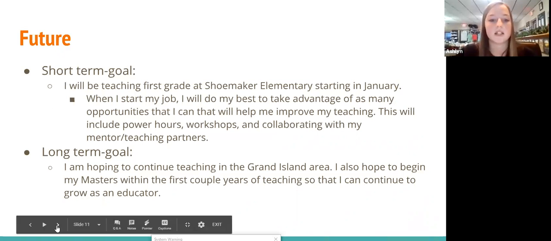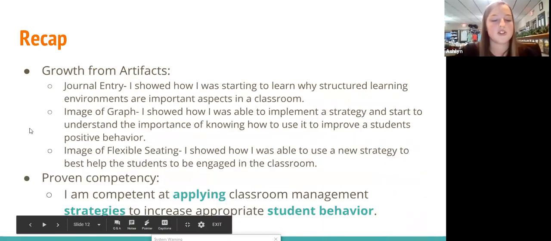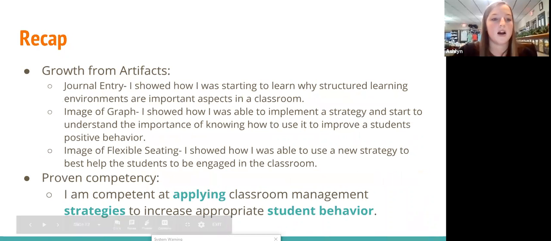And just to recap, I showed my growth from my artifacts. First, from my journal entry, I showed how I was starting to learn why structured learning environments are important aspects in a classroom. Then I showed my second artifact, an image of a graph, which showed how I was able to implement a strategy and start to understand the importance of knowing how to use it to improve the students' positive behavior.